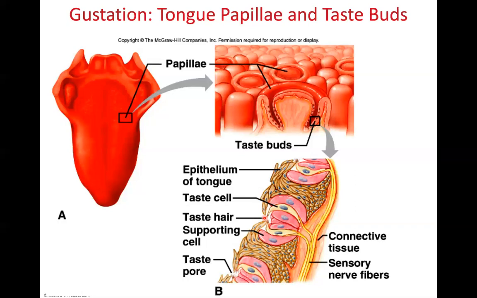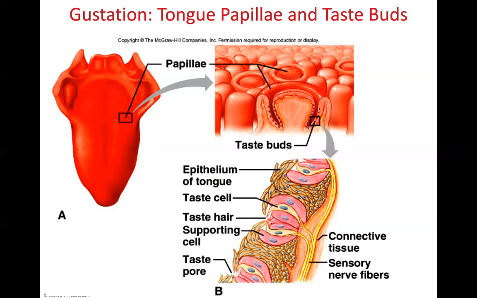So they have one single taste hair that detects molecules that are dissolved in saliva. And each taste cell is particularly susceptible to one particular tastin. And that's why I say that there are 5 different flavors. You can detect sweet, sour, salty, bitter, and umami. So each one of these taste cells is going to be responsible for tasting just one of those flavors.